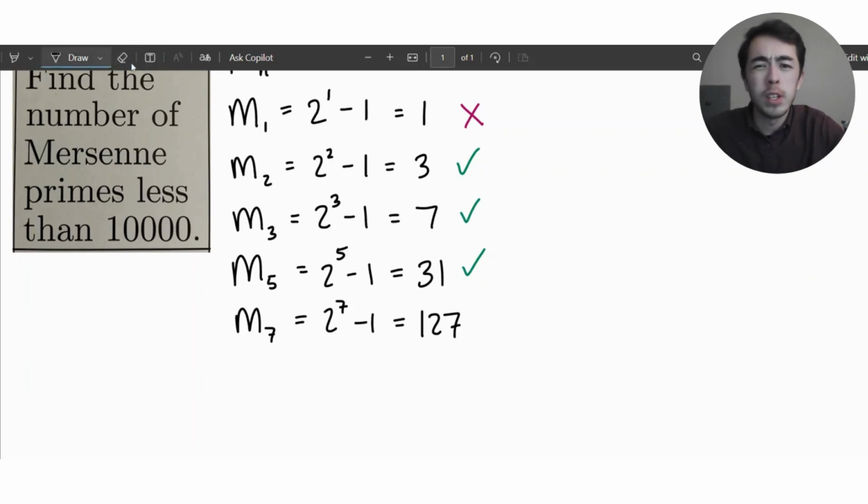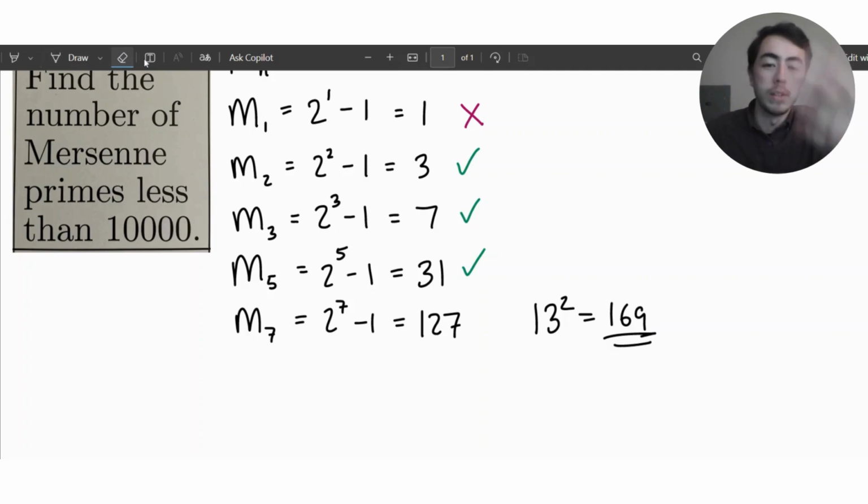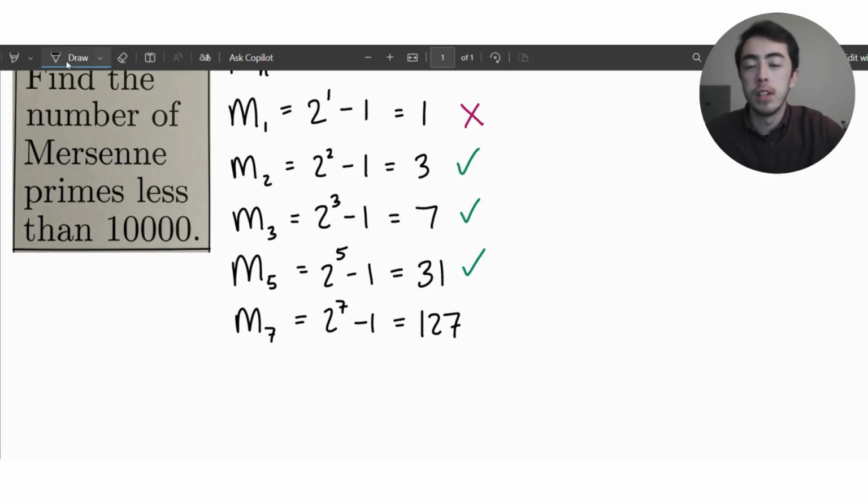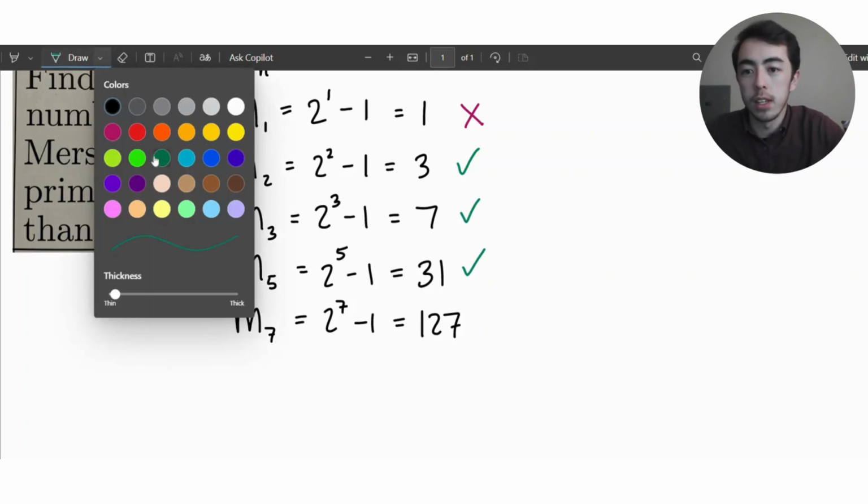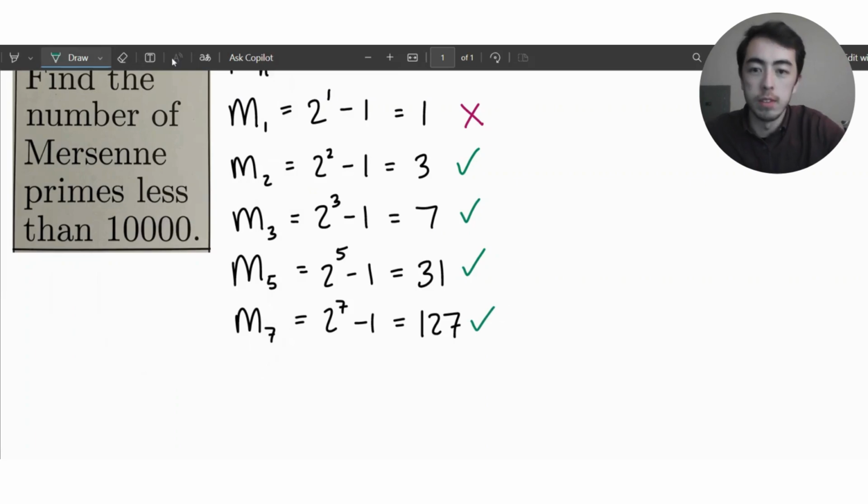There's an earlier video from sometime in January where I go over why that squaring is a good method to show when you're done. So anyways, 13 is too big, and I checked all the primes from 2 to 11. None of them worked, and that shows that 127 is prime.